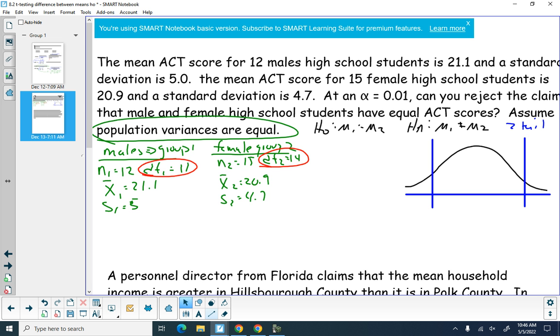And since they are equal, that's where we're going to have to use our sigma hat. Once again, this is probably one of the more complicated calculations of stats 1.